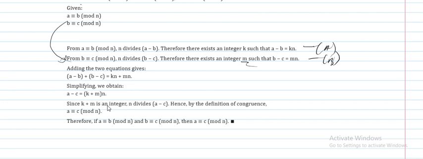Since k plus m is an integer, n divides a minus c. So k plus m is the multiple of n. Hence, by definition of congruence, a is congruent to c mod n, and therefore this is the proof. a is congruent to b mod n and b is congruent to c mod n, then a is congruent to c mod n, and this is the proof for property 4.